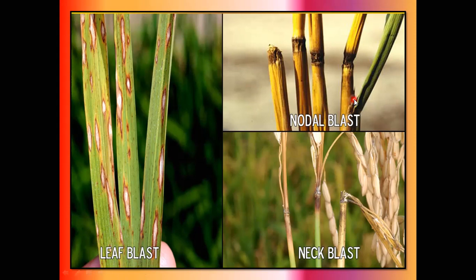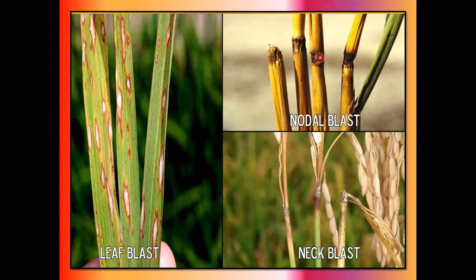Then we discuss nodal blast symptoms. The pathogen develops symptoms first on the leaf surface, then the leaf sheath, and finally on the nodal portion of the rice plants. Initially irregular dark brown lesions, somewhat blackish areas, are seen on the infected nodes.